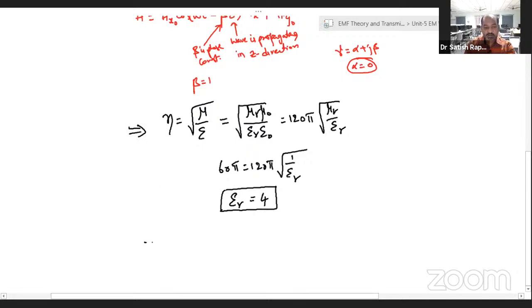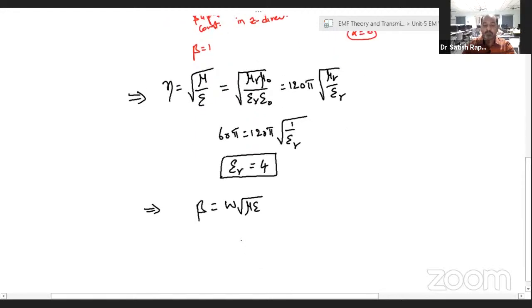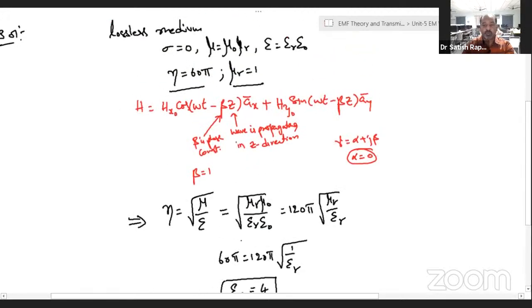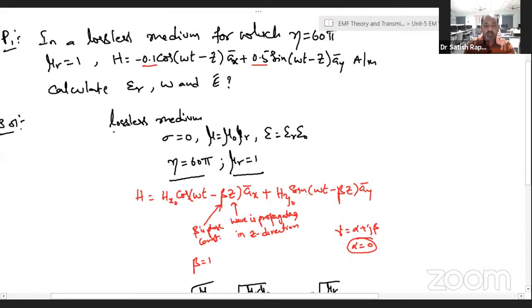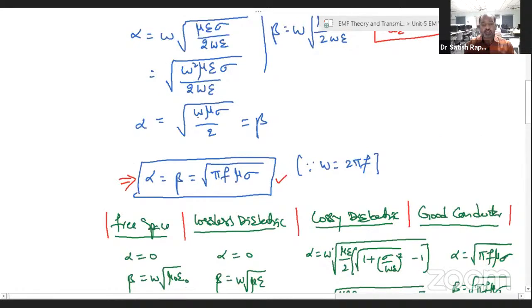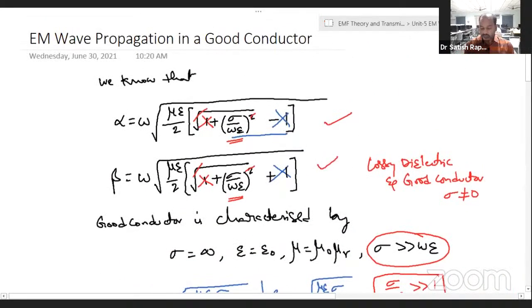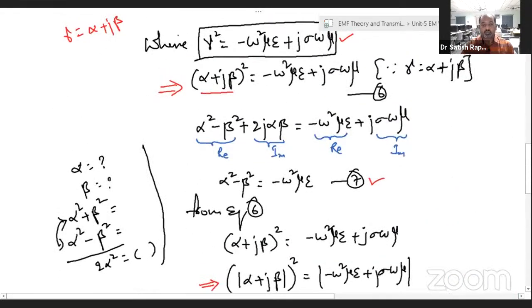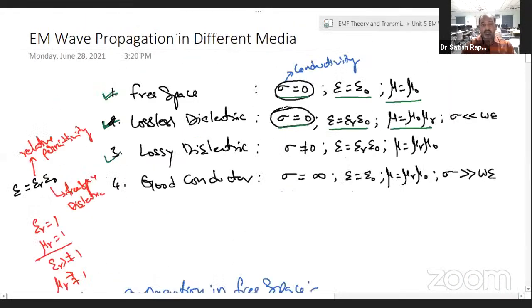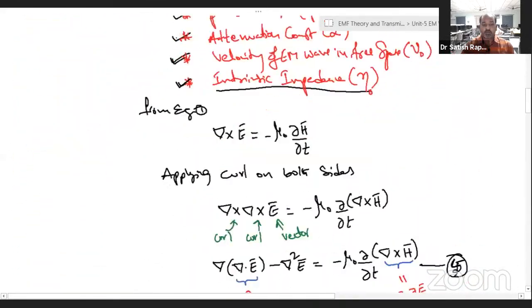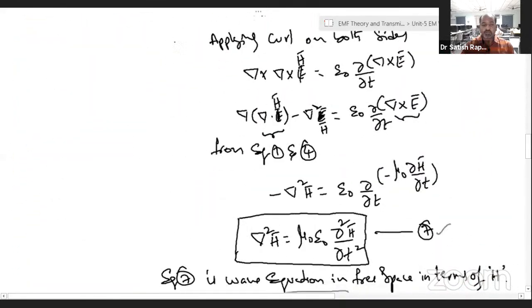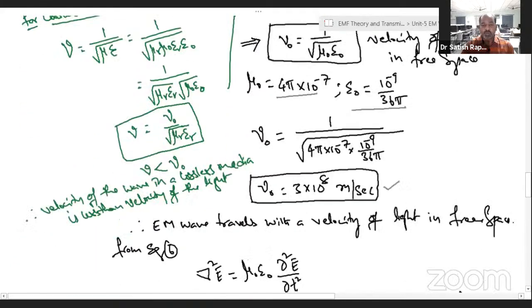Similarly, we can determine omega from the expression beta is equal to omega root mu epsilon. So this expression we know, since it is a lossless medium. If you go back to the lossless media, what equations do we know?